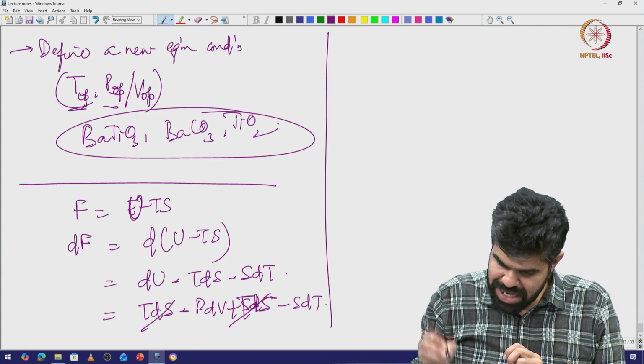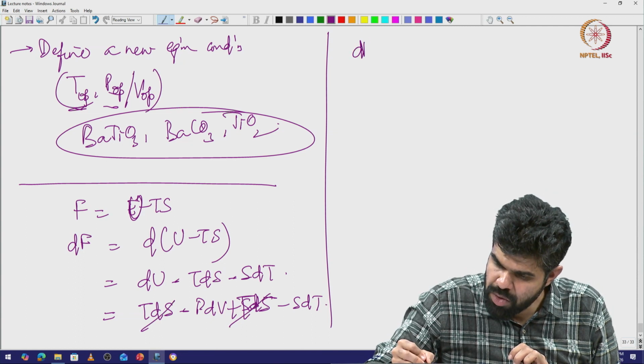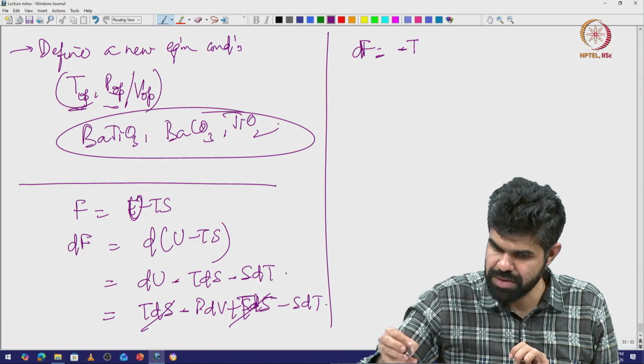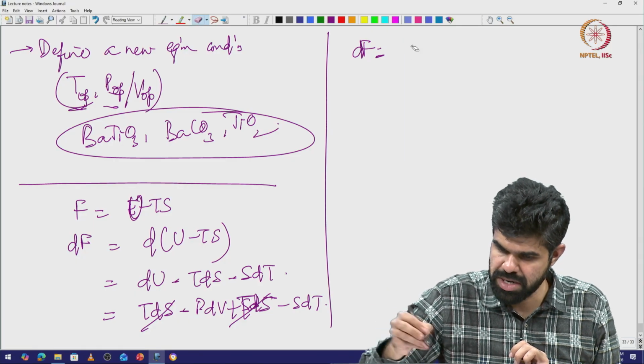This TdS cancels. So dF now is equal to minus, I am just messing it up a bit, but let us write it this way.